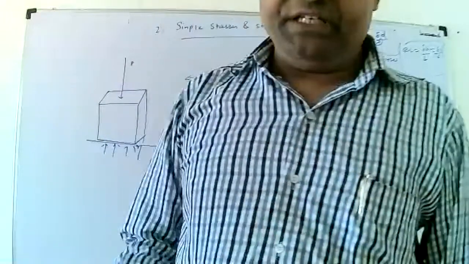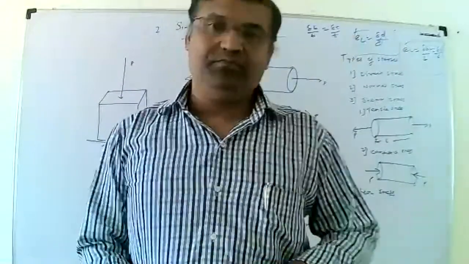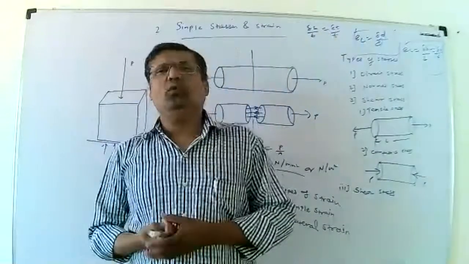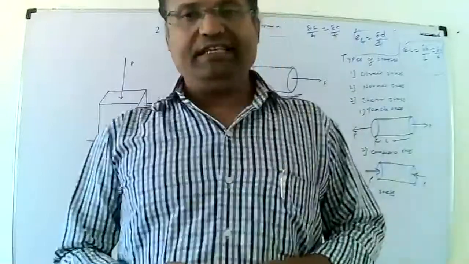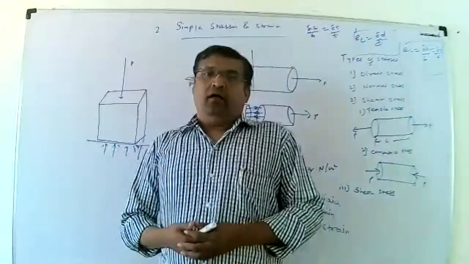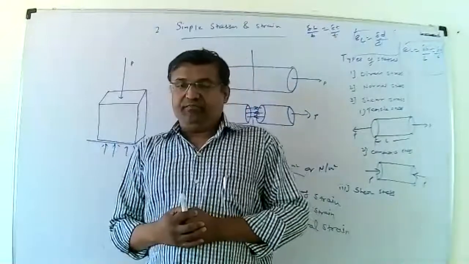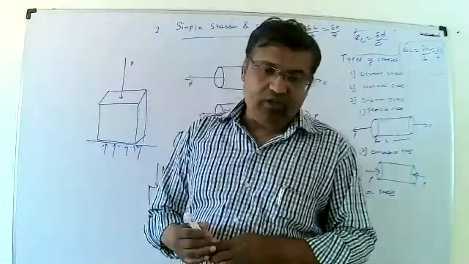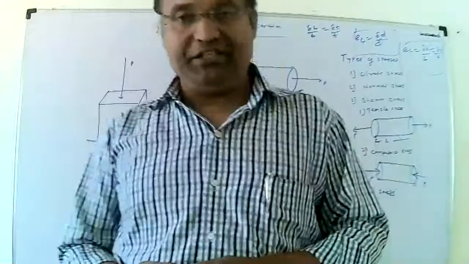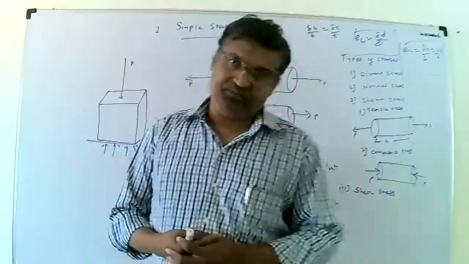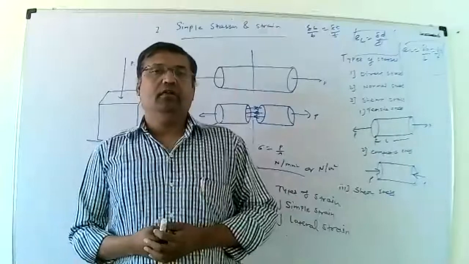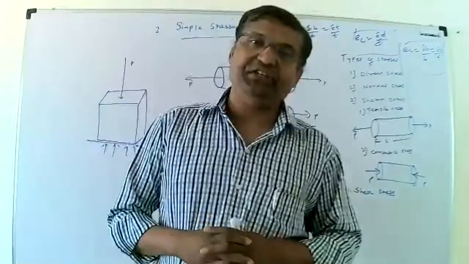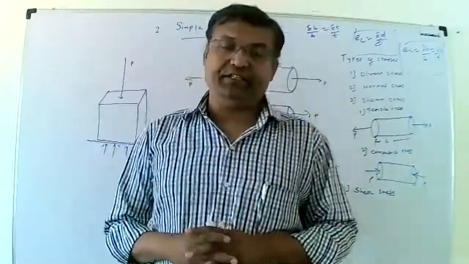Then we have discussed two types of strain. Simple strain, the ratio of change in dimension to the original dimension, that is e is equal to delta L upon L. Then lateral strain, which is defined as the ratio of change in lateral dimension to the original dimension. There are two cases. The first case is the section in cubic form, which has three dimensions: length, width, and thickness.